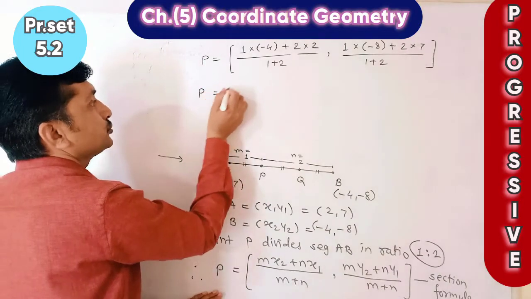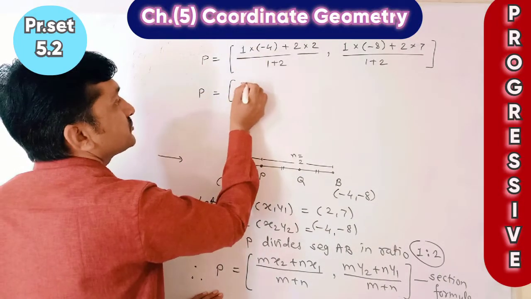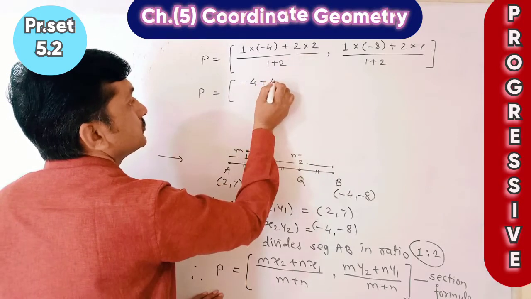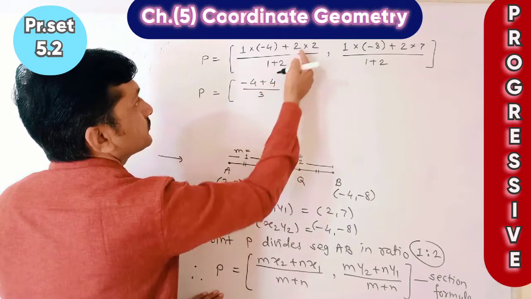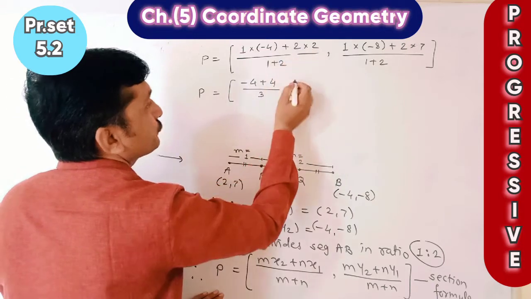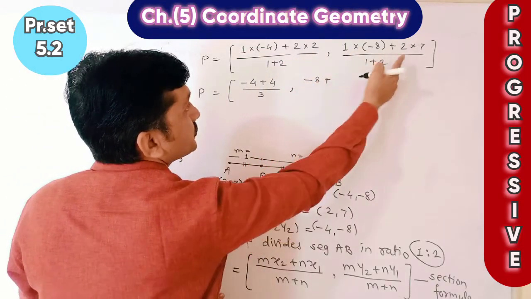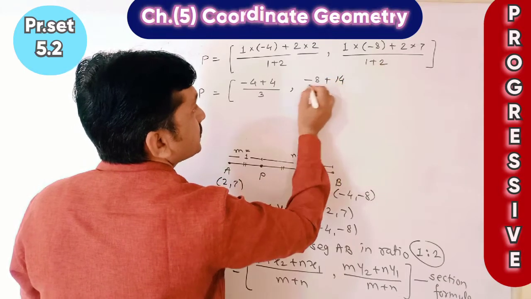P is equal to (-4 plus 2 times 2, that is 4, upon 3), and (-8 plus 2 sevens, that is 14, upon 3).